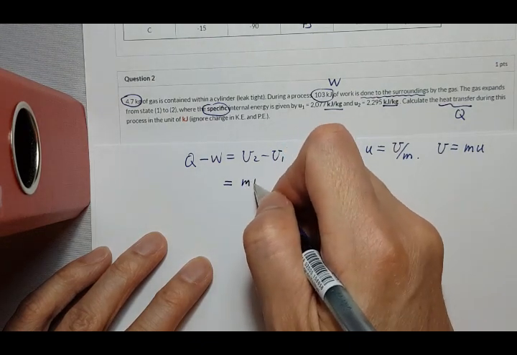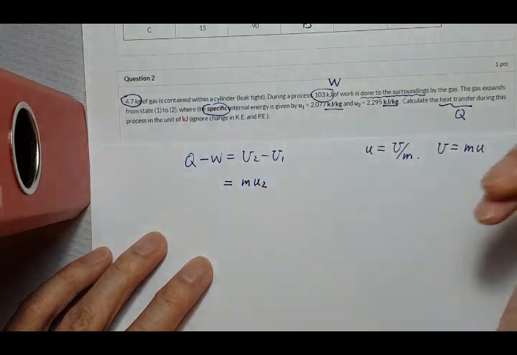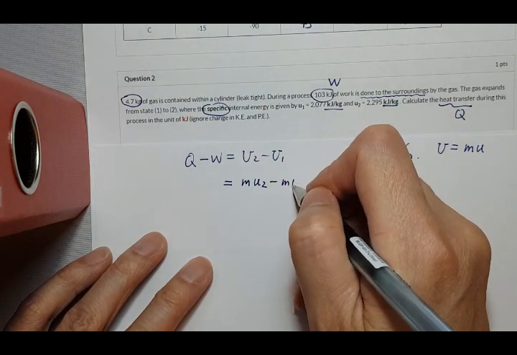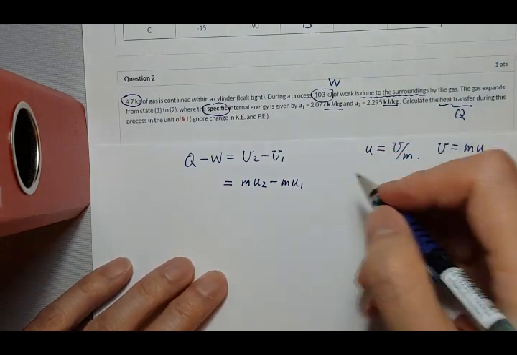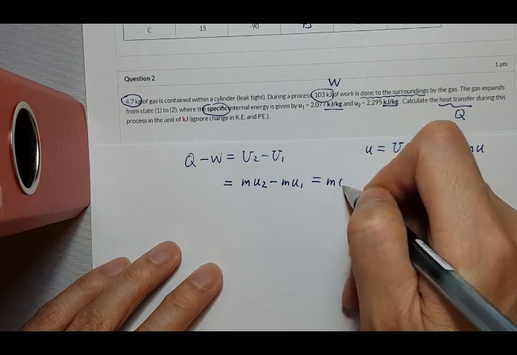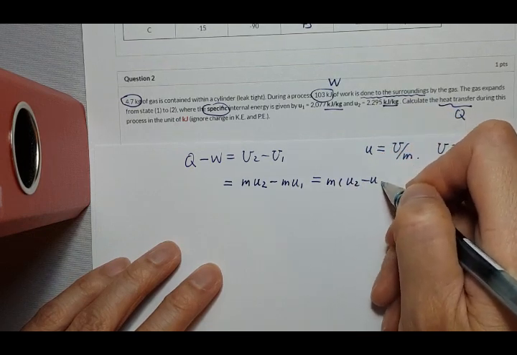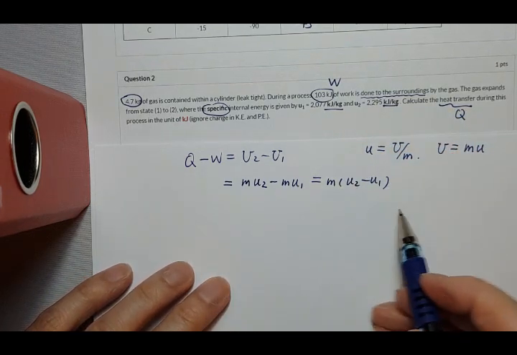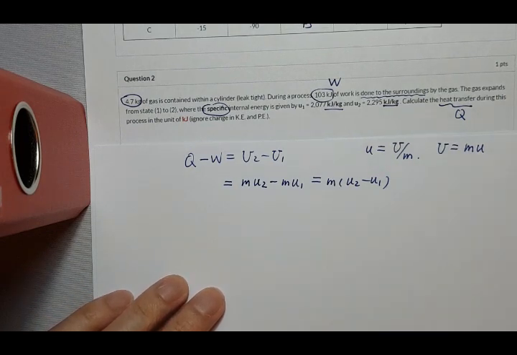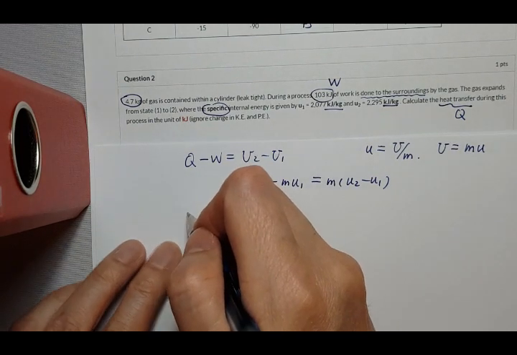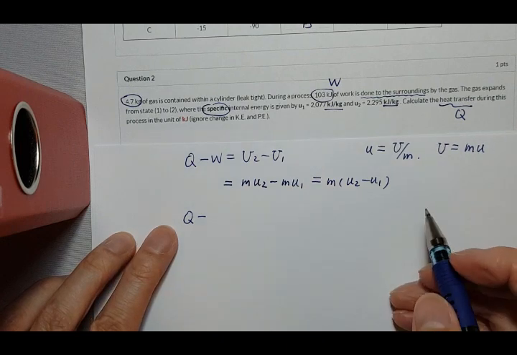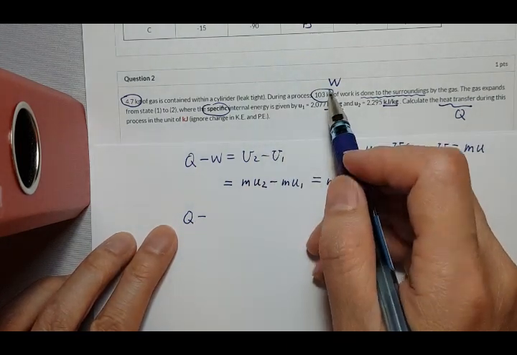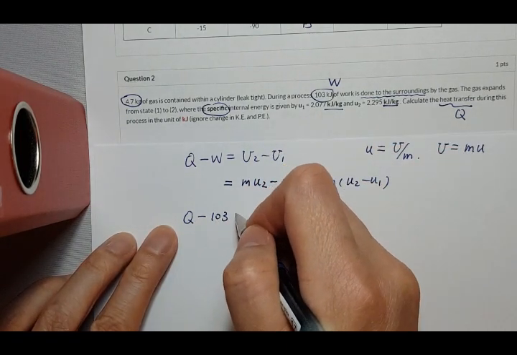So M are the same, okay? You use lowercase u now, subtract M u1. Okay, as I said, M is the same, so you can take M out. So finally I get that equation. So now we're just going to put all the values inside there. Subtract W, as I said, W in this case is positive.